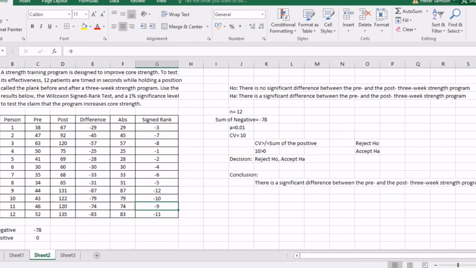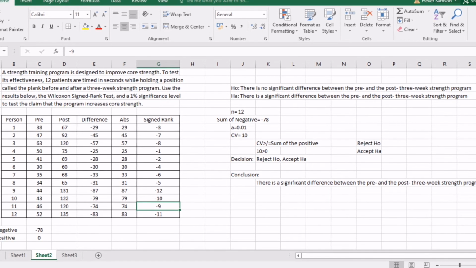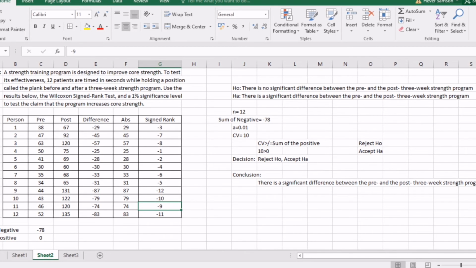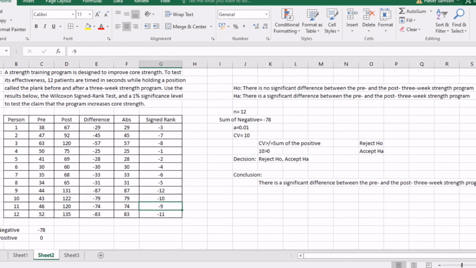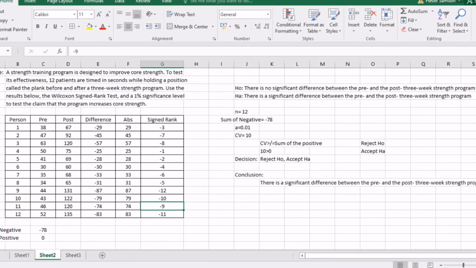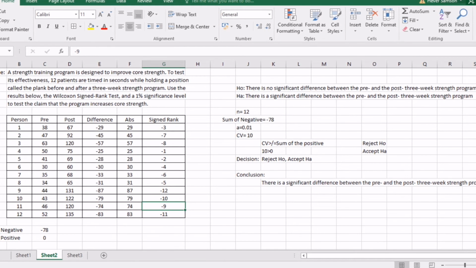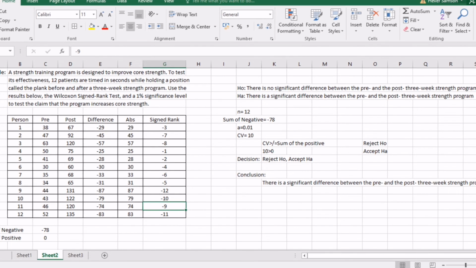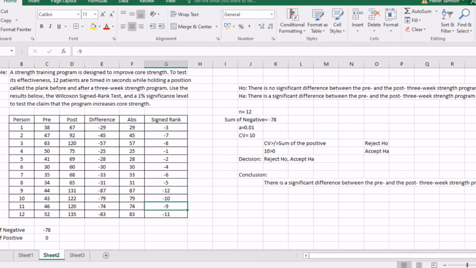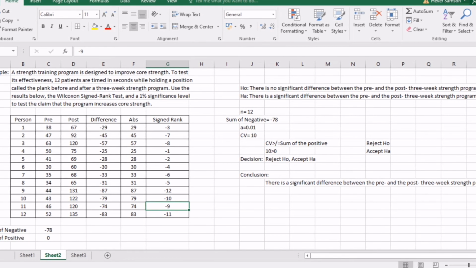Now, what is the conclusion? For the conclusion, there is a significant difference between the pre and the post 3-week strength program. This is our conclusion with all the solving that we did.